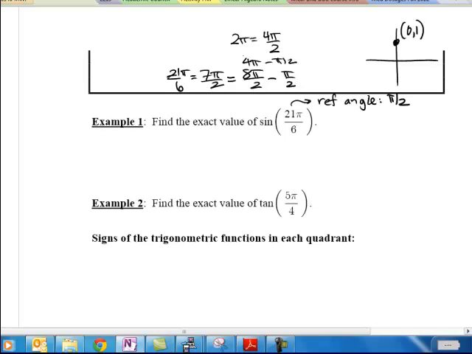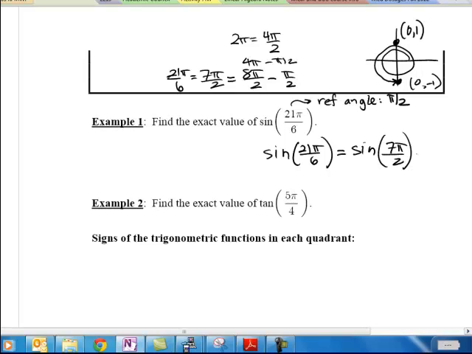So 4 pi would be 2 revolutions, or pi over 2 short of 2 revolutions. So once around, twice around, pi over 2 short of that. So we're actually going to land down there at (0, -1). The sine value is the y-coordinate. So we'd say sine of 21 pi over 6 is the same as sine of 7 pi over 2, which is -1.